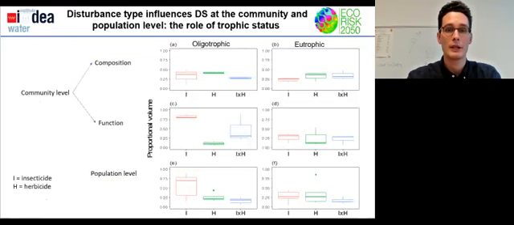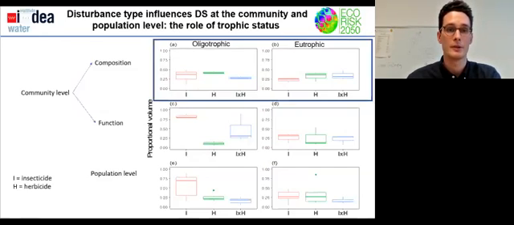And I want to start looking at the influence of the treatments on the dimensionality of stability. On the x-axis, you have here the treatments where I stands for insecticide, H for herbicide, and this is the pesticide mixtures. As you can see, at the community level for composition, we didn't find any significant difference between the treatments.